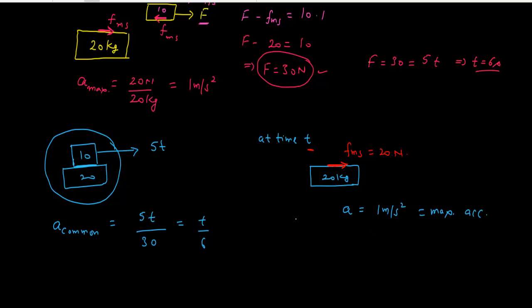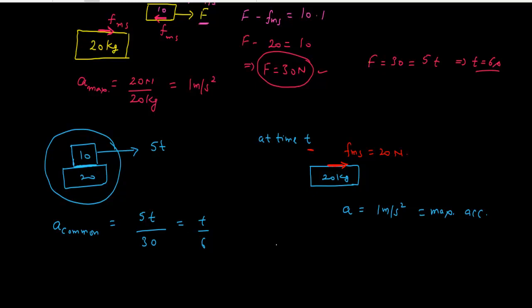Now, as I have told you, unless the force here reaches this FMS, both the blocks will move together. So FMS has just reached, that is 20 Newton, and in this situation the acceleration is 1 meter per second square, and that acceleration is also the common acceleration at this time t.